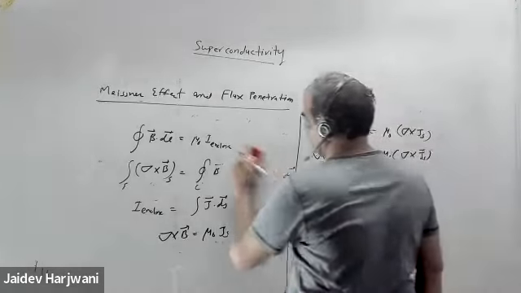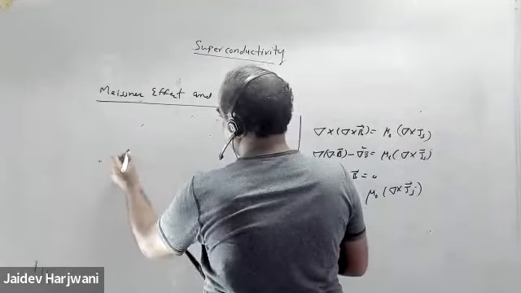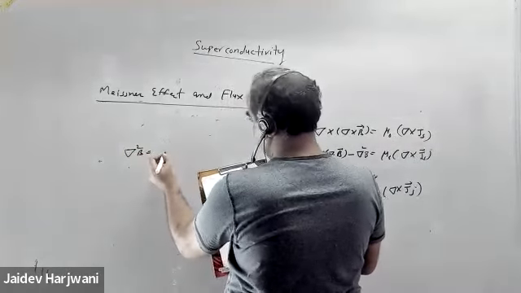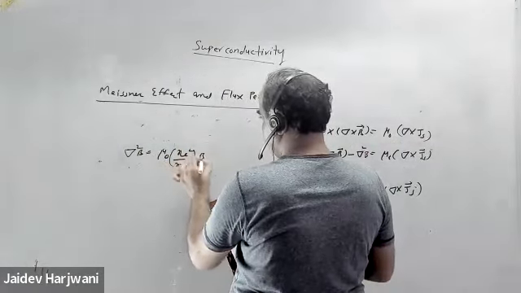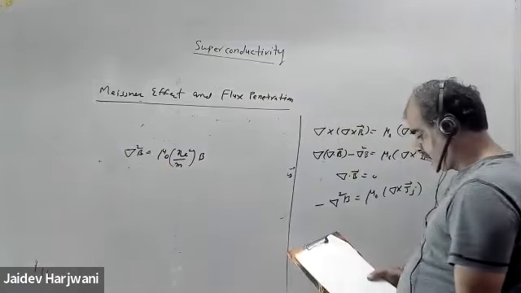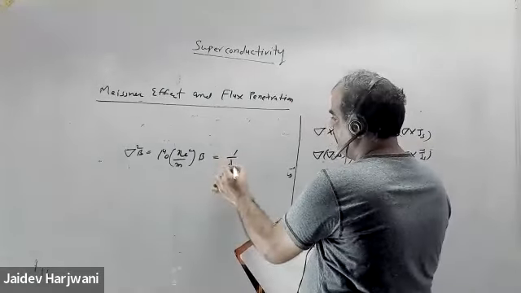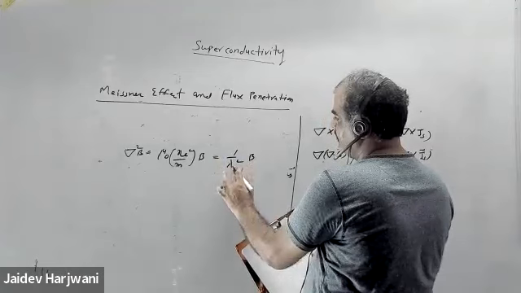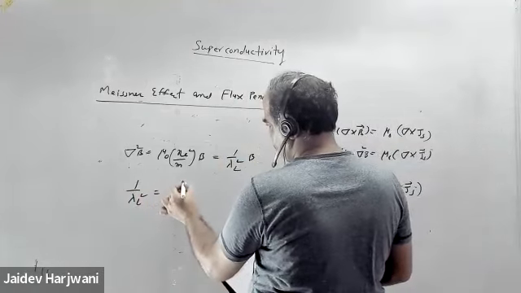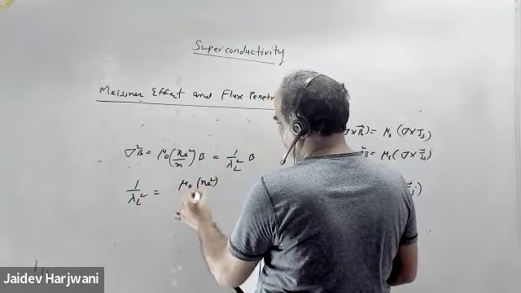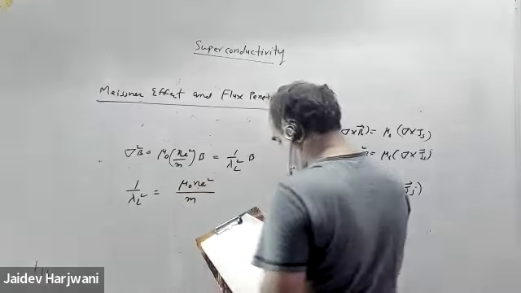So del square B is equal to mu 0 n e square upon m times B. I can also write this as 1 upon lambda L square times B, where 1 by lambda L square is equal to mu 0 n e square upon m.